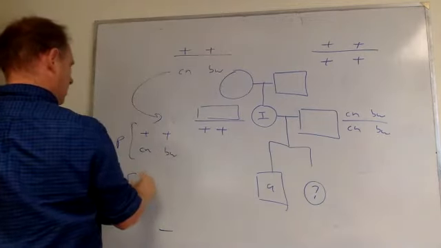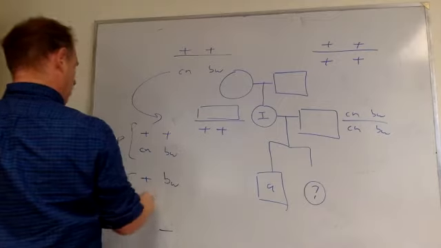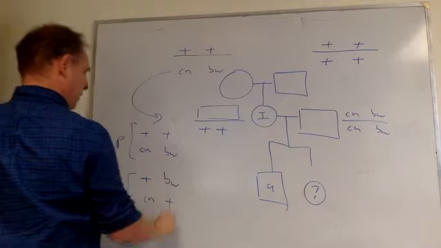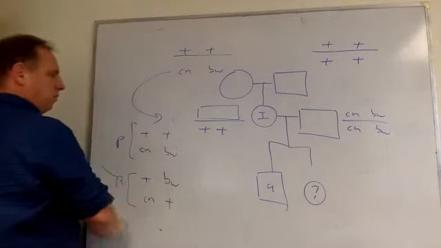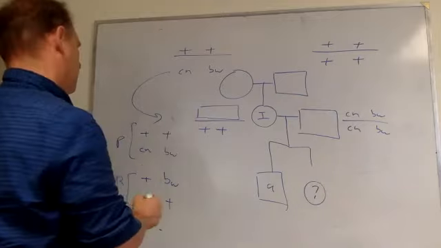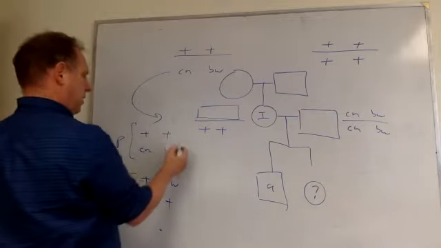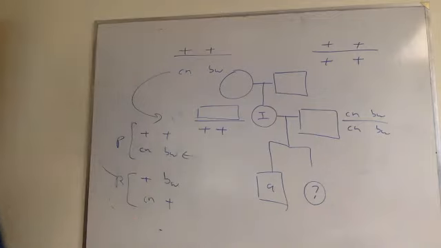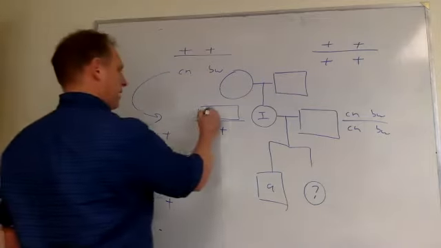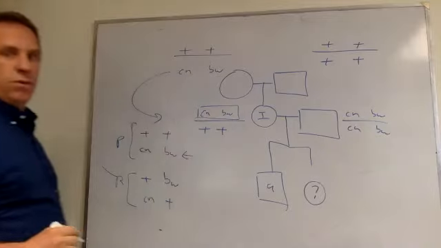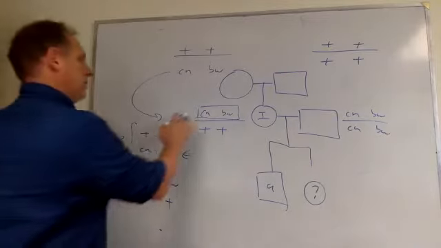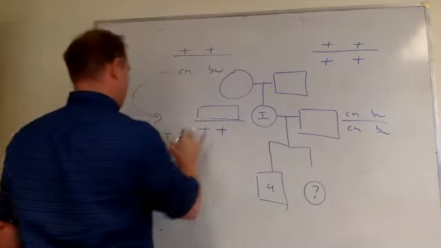Okay, so plus Brown or Cinnabar with plus, right? And so the question is, what's the probability that this individual inherited that gamete right there? That in order for this individual to have that genotype, that's what would be required, right? So let's erase that for now.